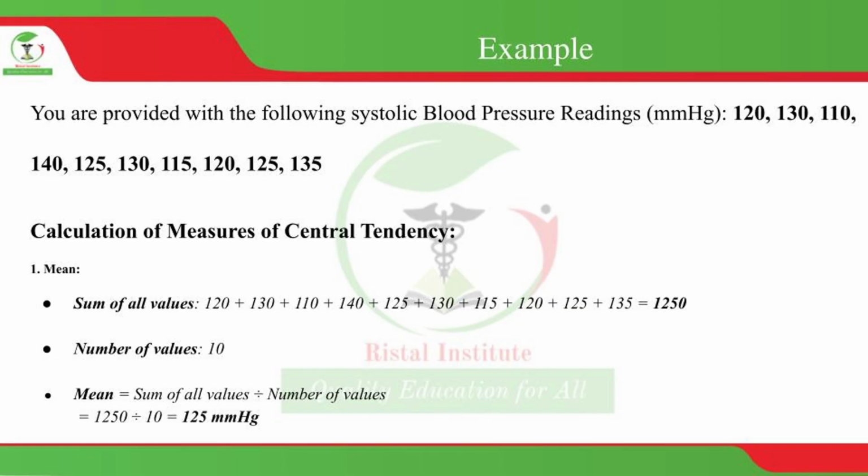Okay, so with that data set, you can calculate the mean, which is the sum of the different systolic blood pressures divided by the number of times that systolic blood pressure has been taken. So in this case, it is actually 10. So we divide the sum over the number of values, which is 10, and then you get 125 millimeters of mercury as your mean systolic blood pressure.